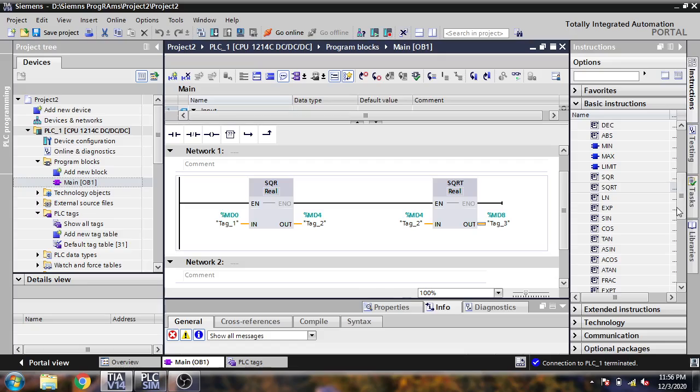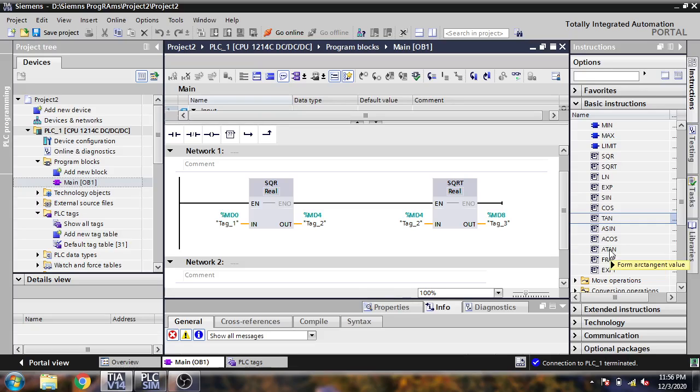There are many functions there. You will see LN means natural logarithm, exponential, sine theta, cos theta, tangent theta, and arctangent, with an x value or cosine value. There are many math functions there. So exponential, and I think there is a fraction there.